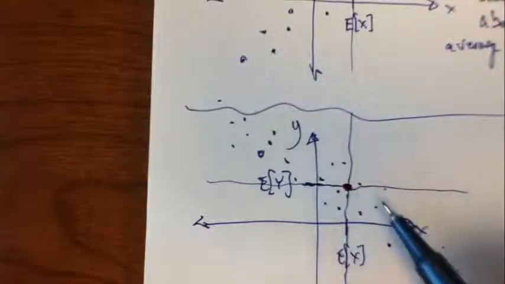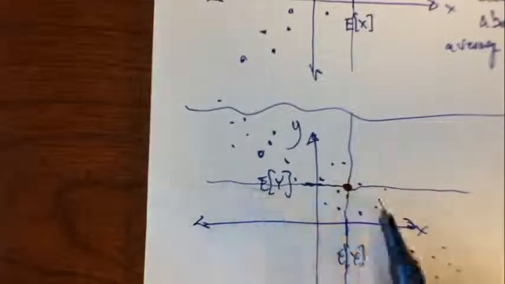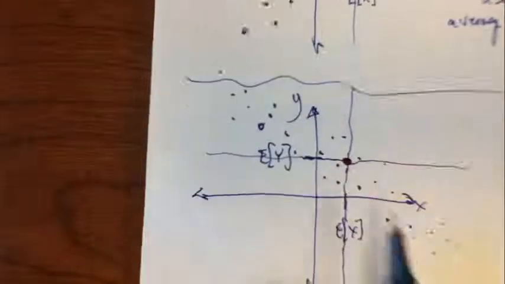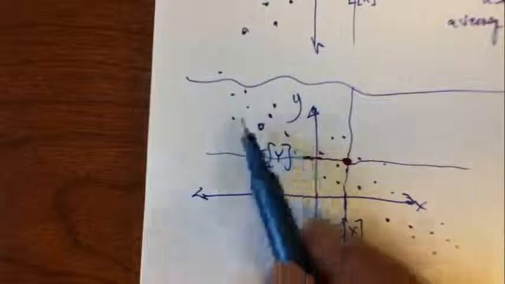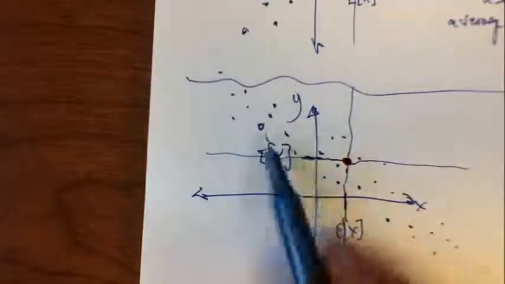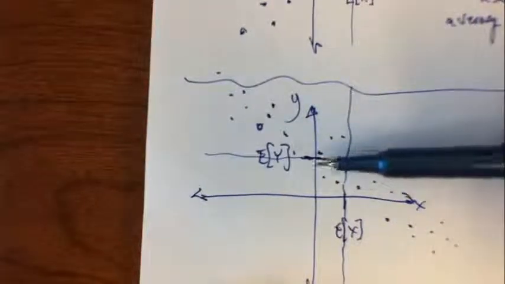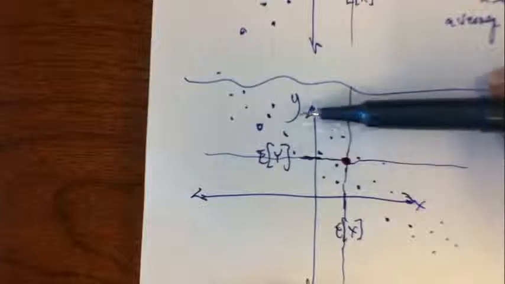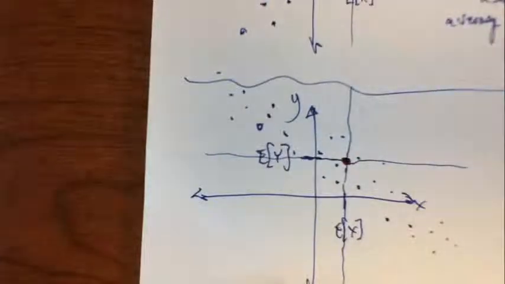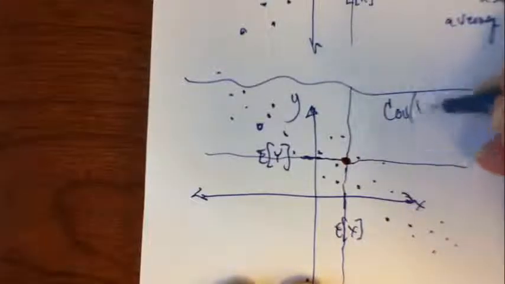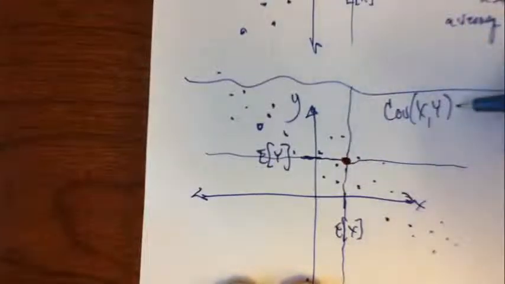Now, notice that points with below average x values, here's the average x, these points over here have x coordinates that are below their average in the x direction. They tend to correspond to having above average values in the y direction. So in this case, the covariance of x and y will be negative.